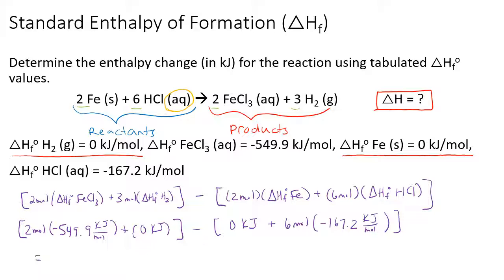And when we calculate our delta H for this reaction, notice our units of moles are going to cancel in each case, and we'll be left with just units of kilojoules. We should get negative 96.6 kilojoules for this reaction.